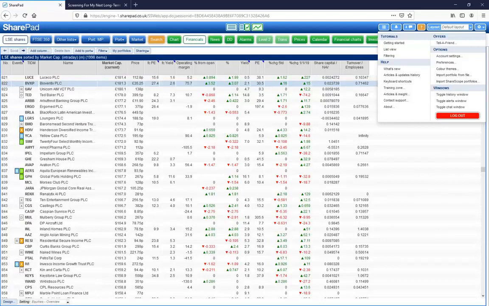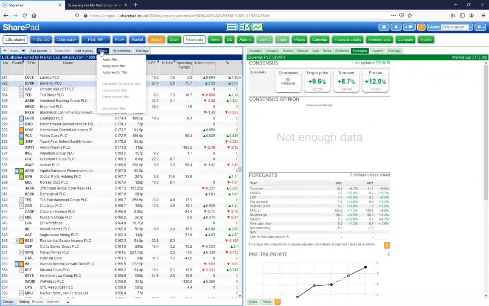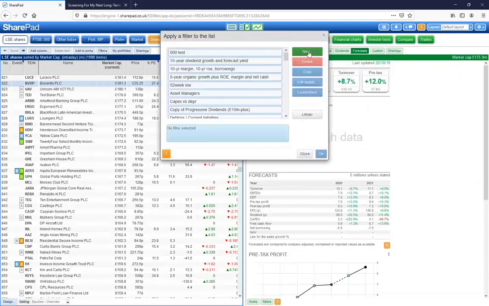So another question from Andrew Latto. How do you develop filter criteria? Working back from the criteria that have worked, or starting from scratch? So a bit of both. You can try obvious filters, create a new filter, low PE, high yield, that sort of thing, and work from there.